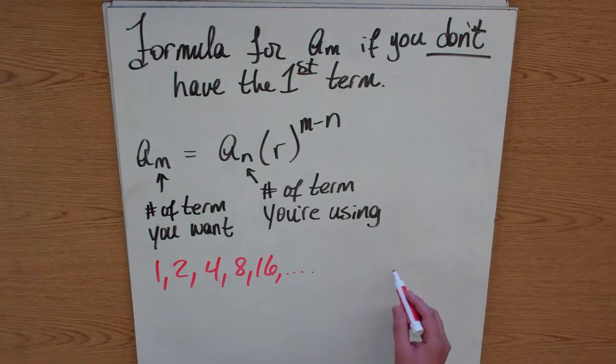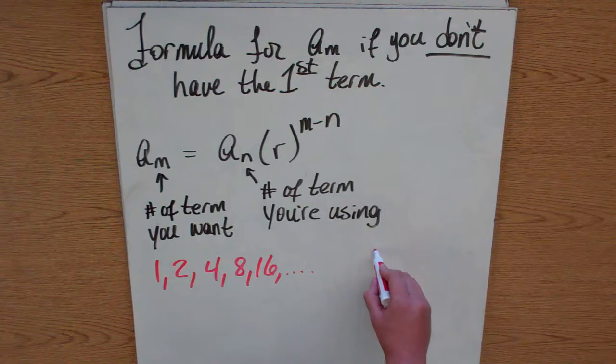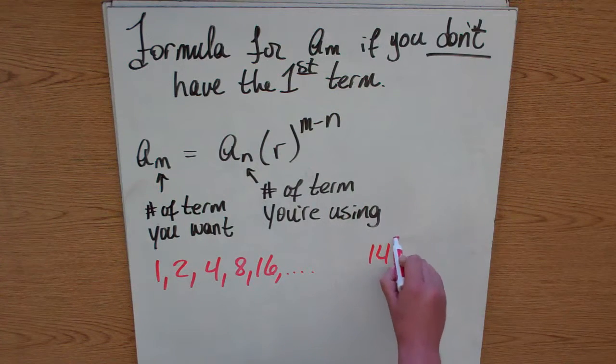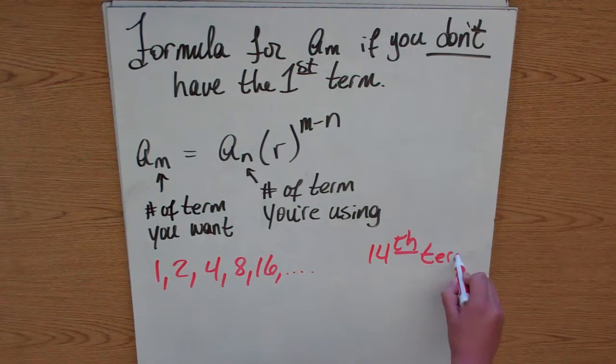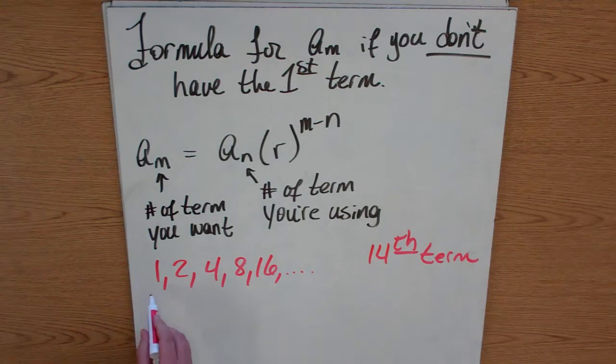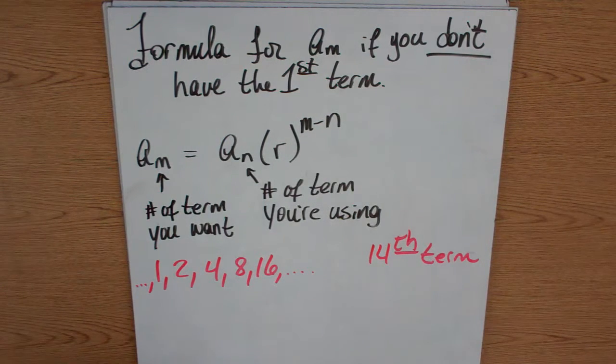Say I want the 14th term, but in this case, say I don't know what's before here, but I know that the 2 is a sub 3. So I know the 2 is the 3rd term.